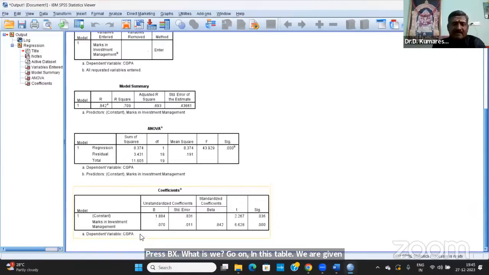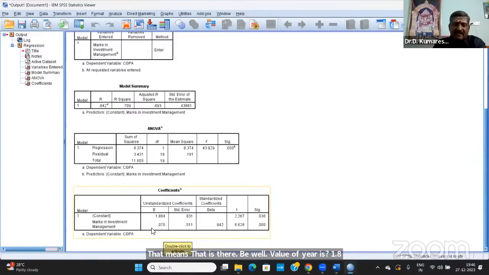Look at here. Coefficient of x, 0.07. That means that is the b value. Value of A is 1.884.